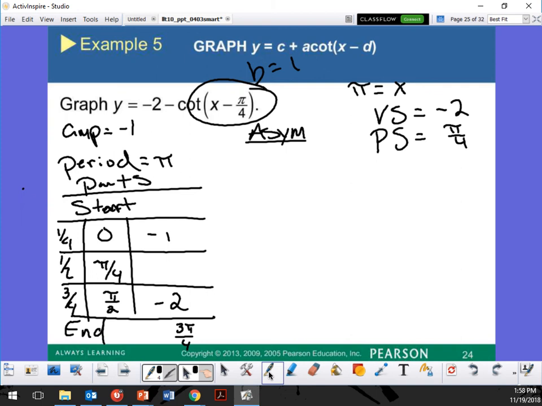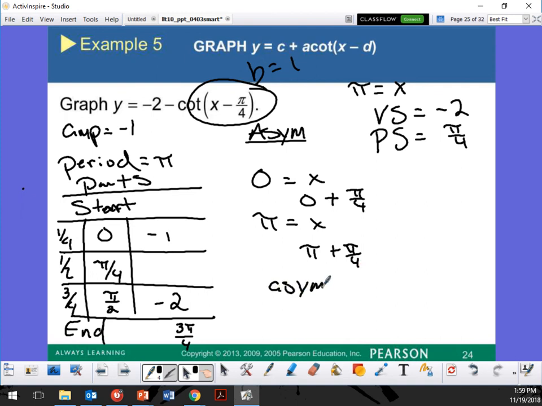So what did I say? From right here, my asymptote should have been 0, and that's going to be my x, right? It became 0 plus pi over 4. So it's my asymptote plus the phase shift. It's the exact same thing we've been doing.